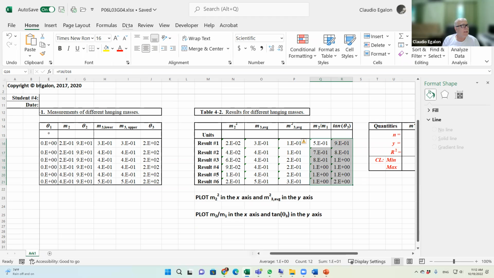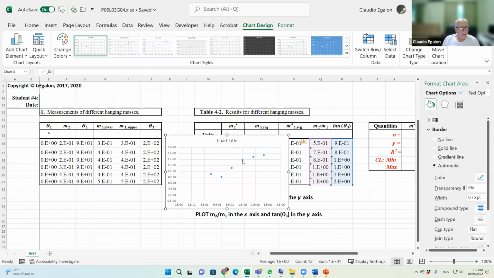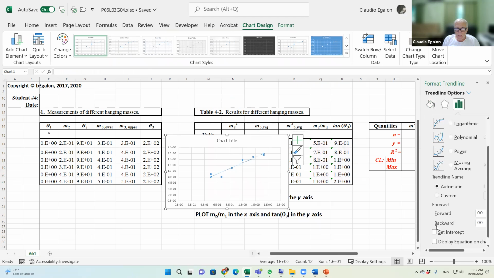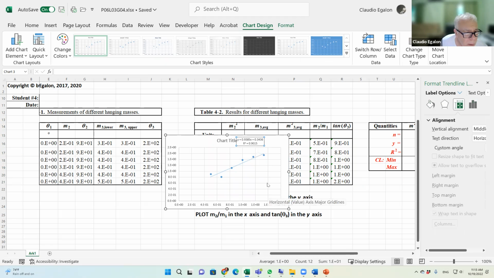Yeah, I'm going to replot again. Here you go. Insert. Right, here you go. Set intercept display. See, yeah. Yeah, I'm getting like 6.2%.